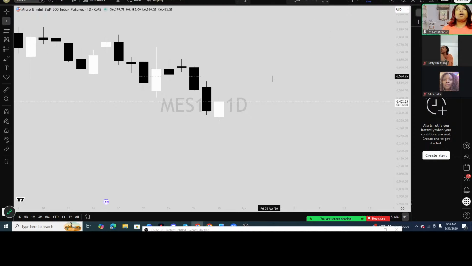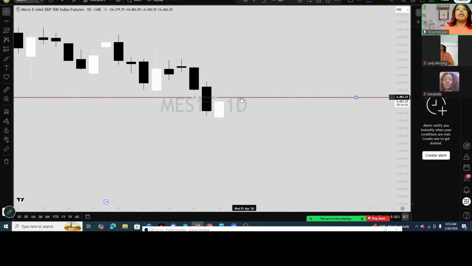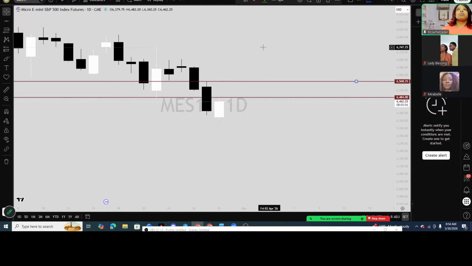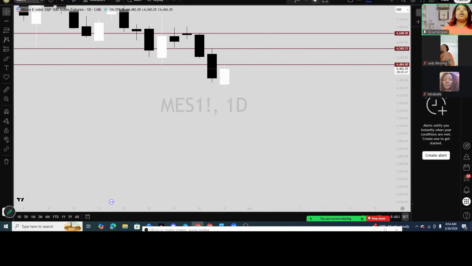We want to mark the current day high, previous high. I'm going to mark one more, even though I know that we might not get there. Another previous high. And then we're going to mark the current low on the candle. You mark the week.